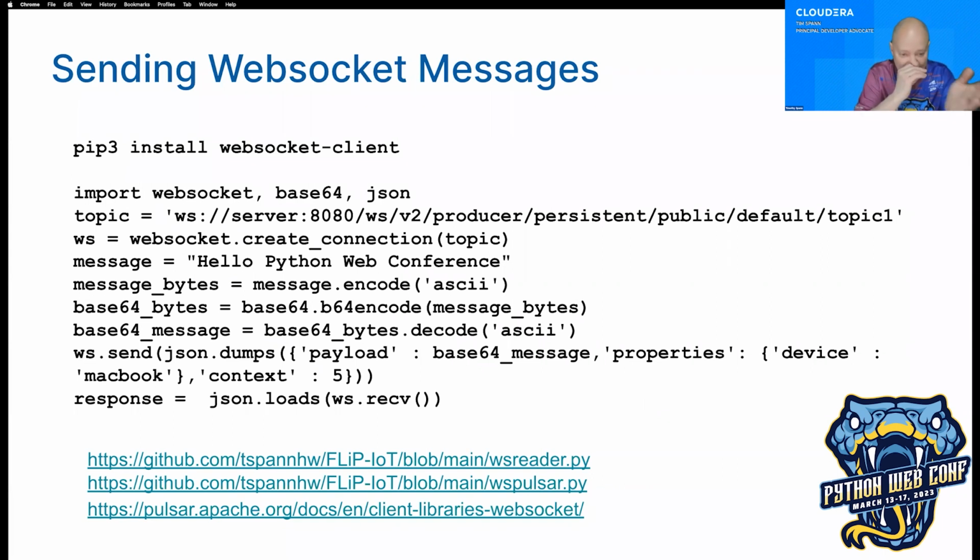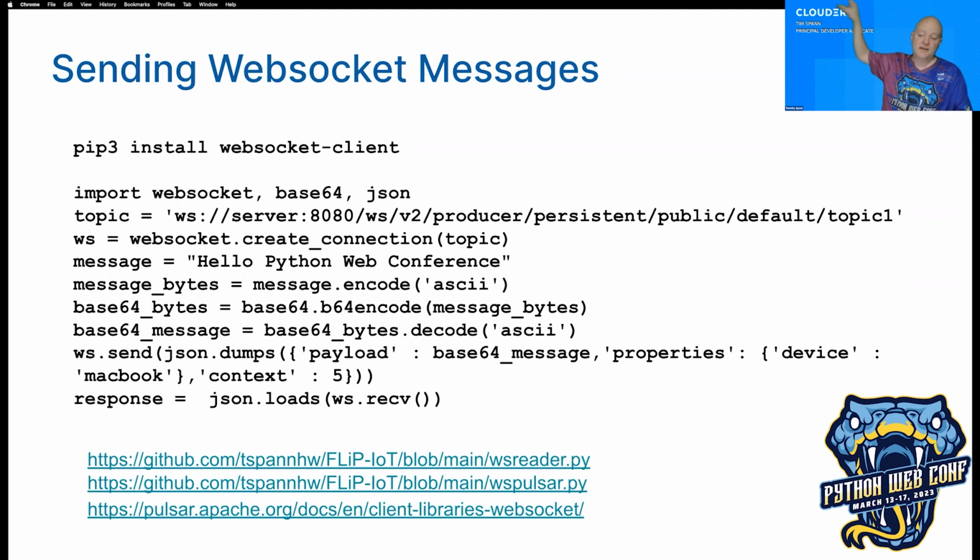So as you see here, I take the bytes, I base64 encode them, and I put them within the JSON that I'm going to send there, plus some other properties and a context. And then I send that with the WebSocket send, get the results back, and it'll tell you success.